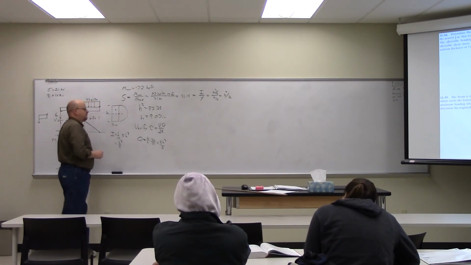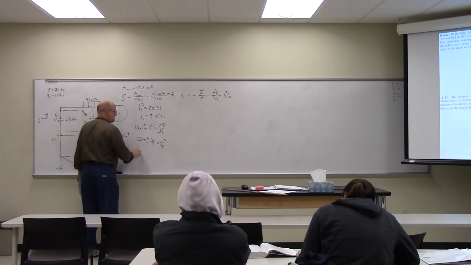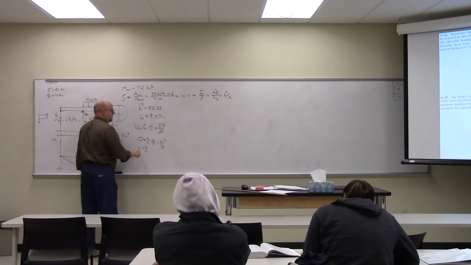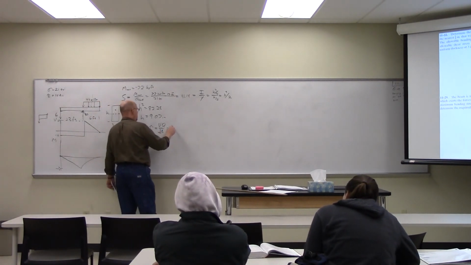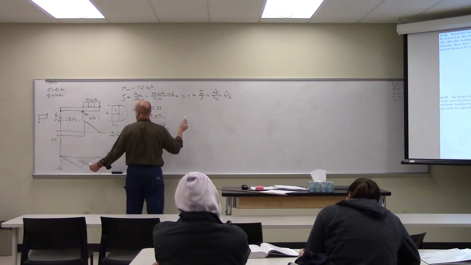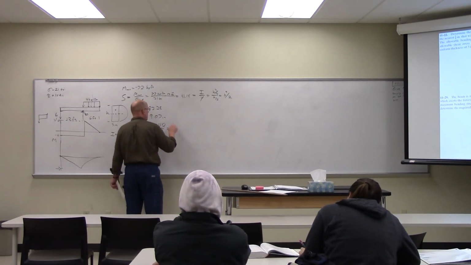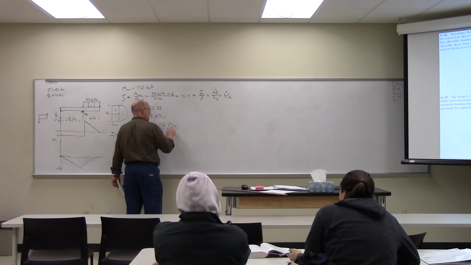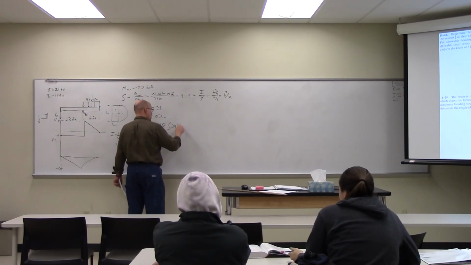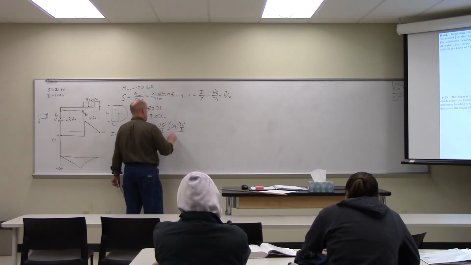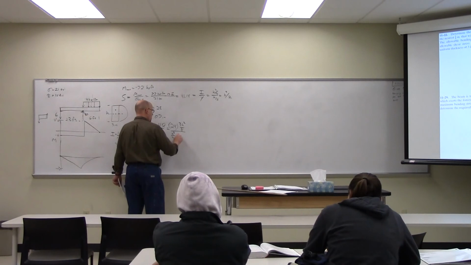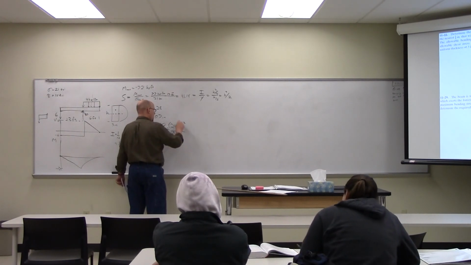What's t? Which is 3. So now I can plug this back in. So I've got my V. What's my V? Close. 24 times 3h squared over 8 divided by I, which is h cubed over 4, times t, which is 3. So the 3's cancel out.